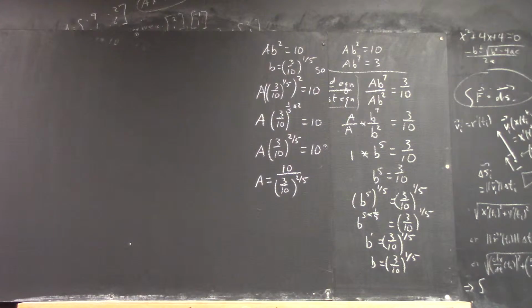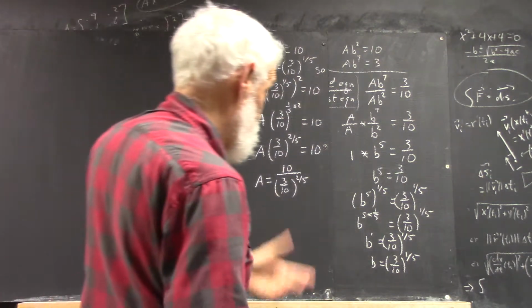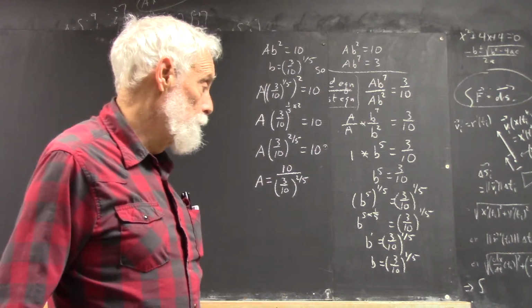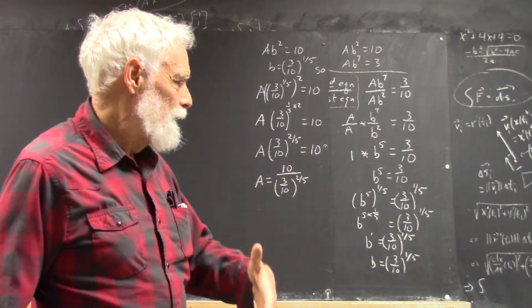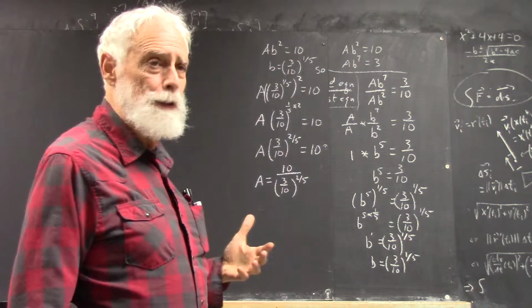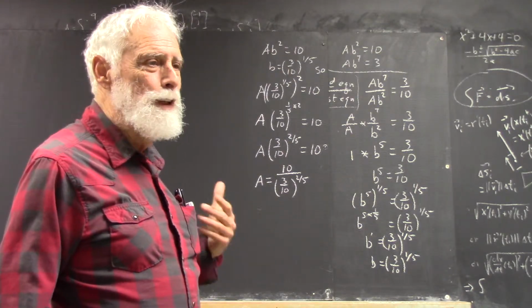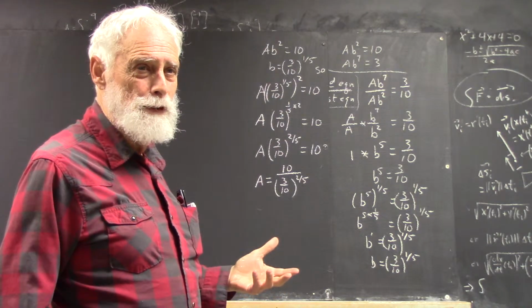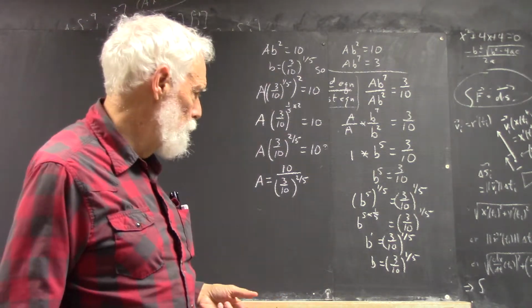Okay? Now, I can estimate what this is, sort of. 3/10 to the 1/5 is 0.3 means I got to find something that the fifth power of is 0.3. Well, let's see, 0.9 squared is 0.81. 0.81 squared is a little more than 0.64.